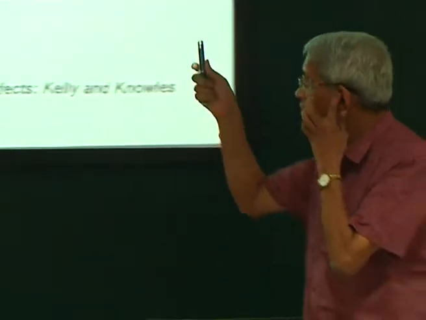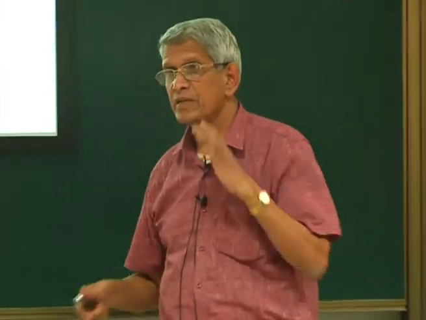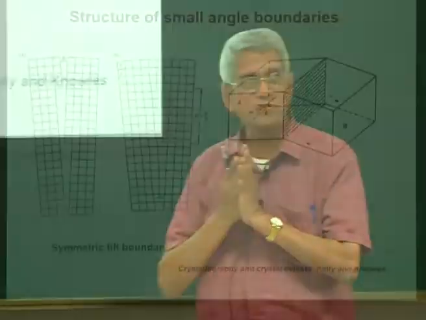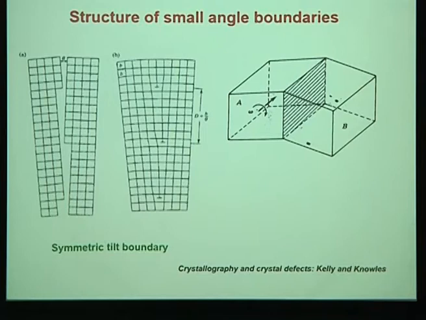Let us first start with small angle boundaries. The simplest case which we can think of is a tilt boundary. What are the various ways in which we can form a tilt boundary?